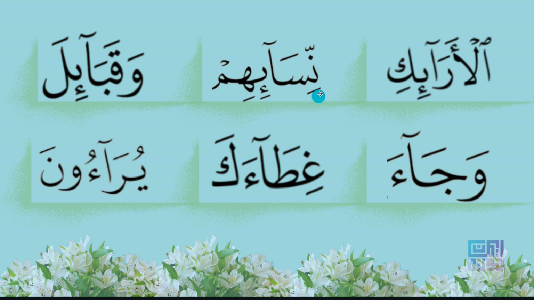Let's have a look here. We have a noon kasra. This sign that you can see here with the 3, like a W, don't worry about it at the moment. We are going to pronounce a noon kasra. So noon kasra, ni. And then what's this letter? It's a sin fatha. Sa.